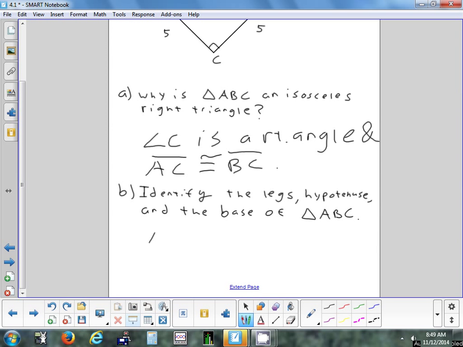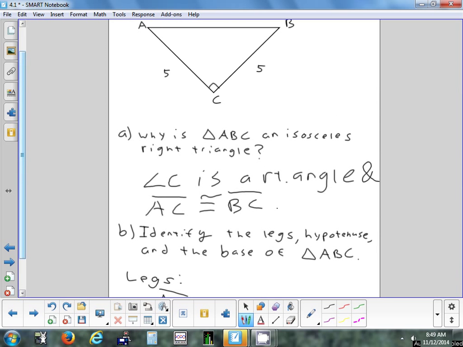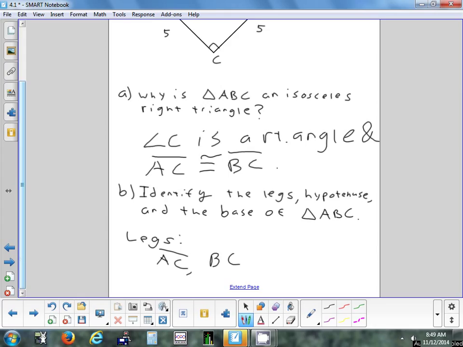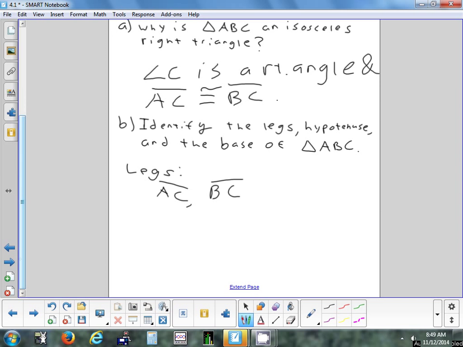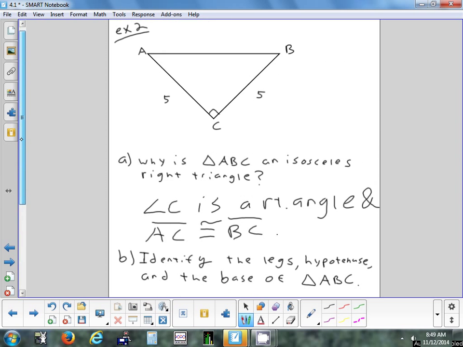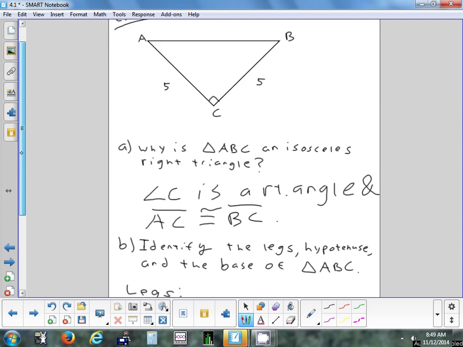So let's start by just writing the legs. Okay, segment AC. Anything else? Yep, BC. And that's it. A triangle can only have two legs. Okay, hypotenuse. Well, the hypotenuse is the side we haven't named yet. That's AB.